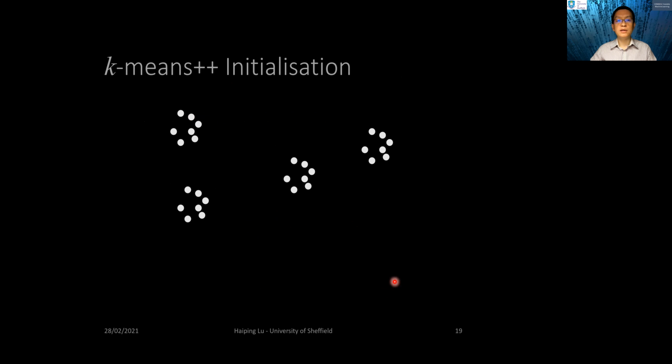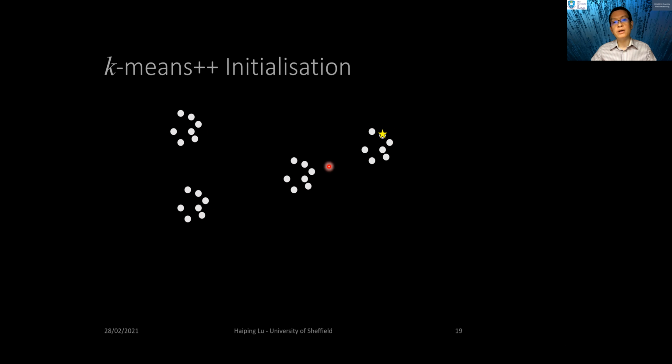So again, let us go through an example to see how k-means plus plus does the initialization in a smart way. The first step is still randomly picking one data point as the center. This is random. It can be here, here, or here.